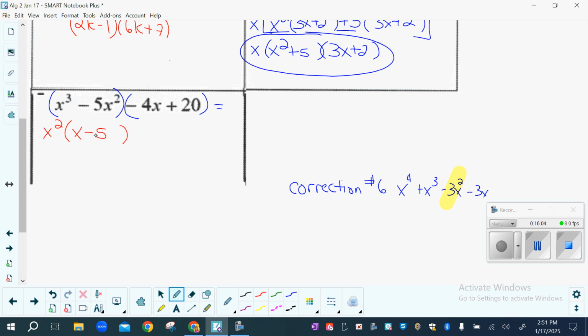What's my greatest common factor on this one back there? -4. Yes.